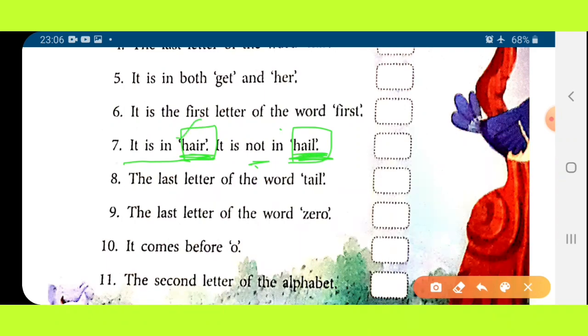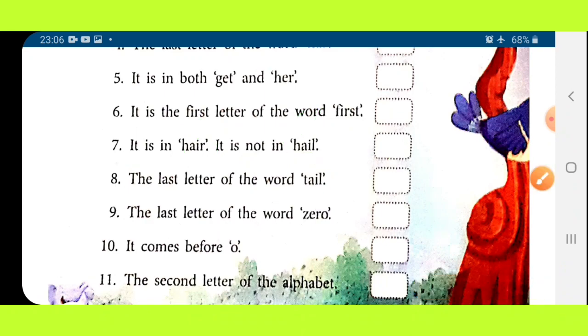H is here, H is here. A, I. It is in here but not in hail. What is that? Yes, R. Because R is in the hair but not in the hail. The right answer is R.